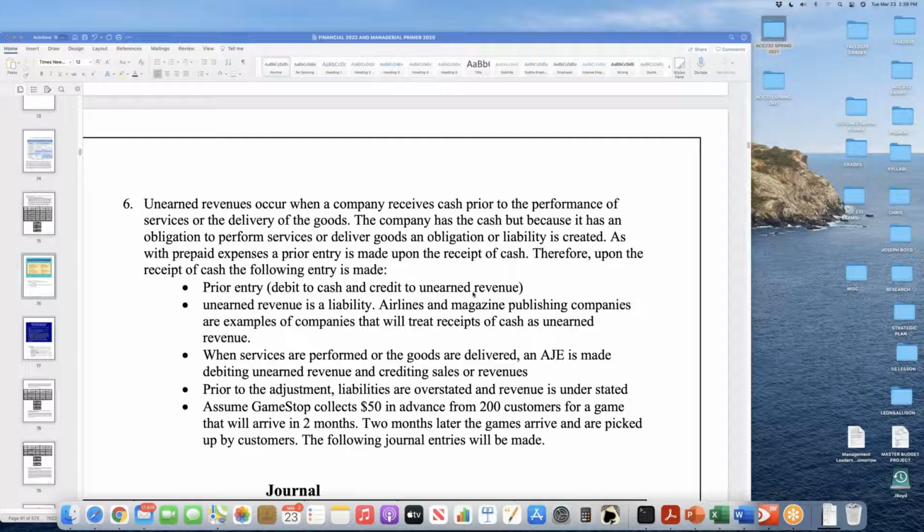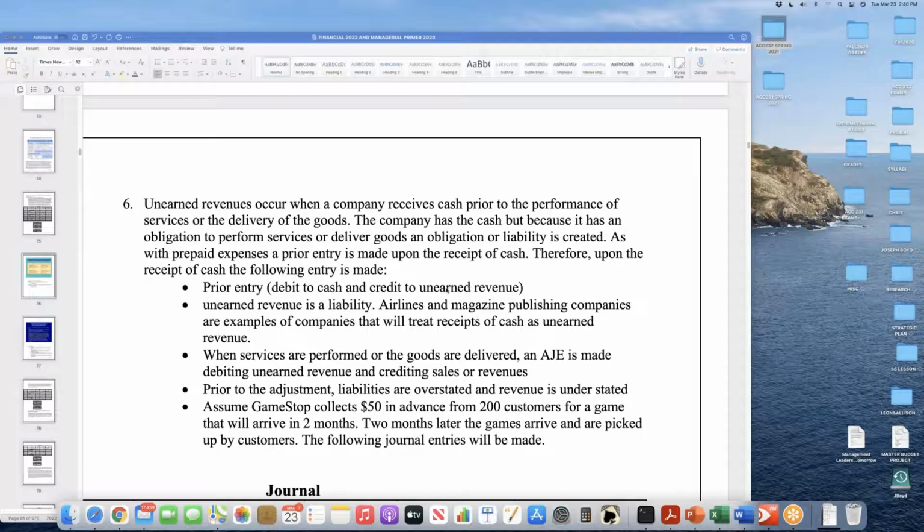And what type of account is unearned revenue? Where is it located on your chart of accounts? Unearned revenue, I see unearned income.